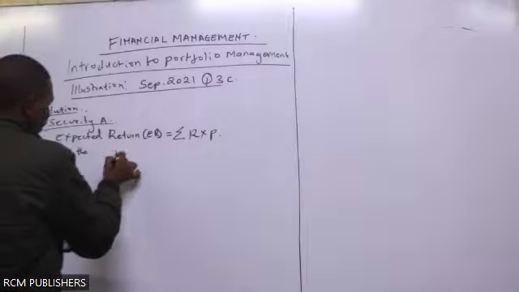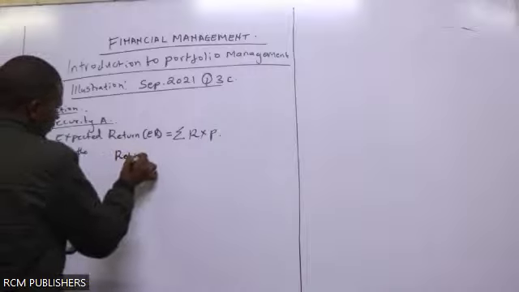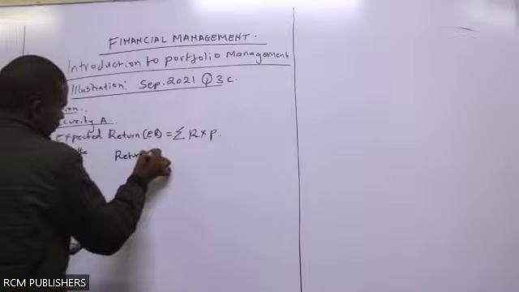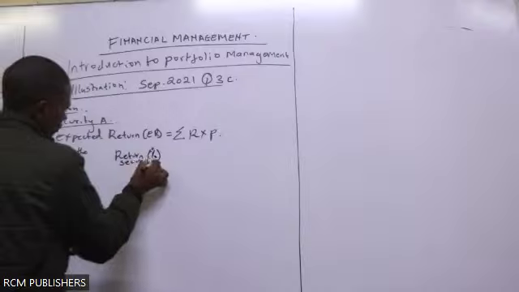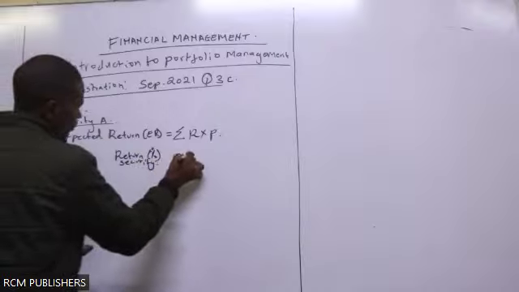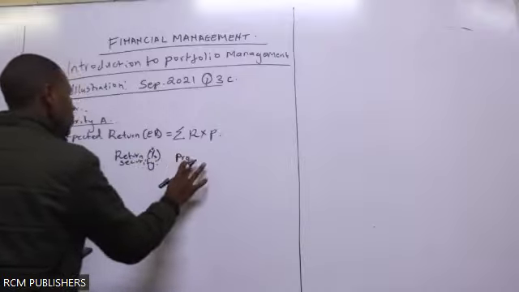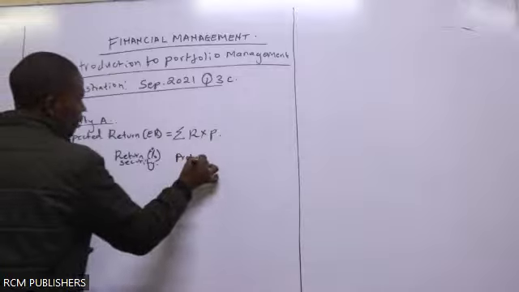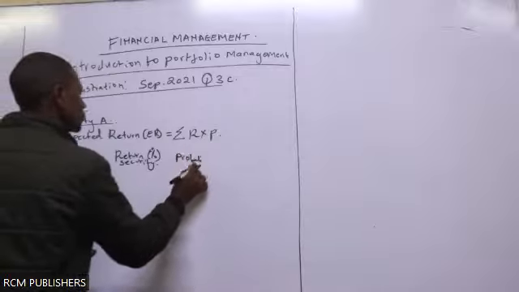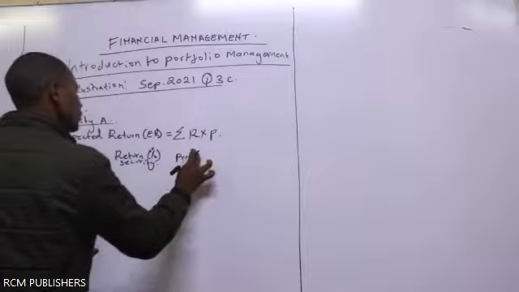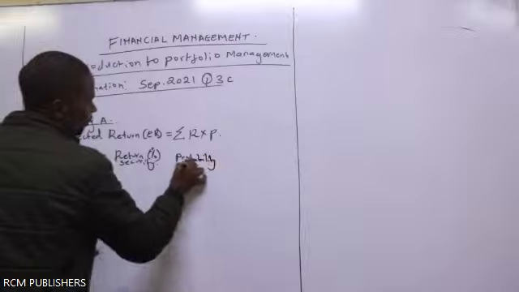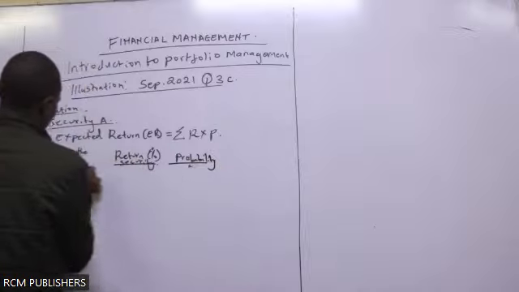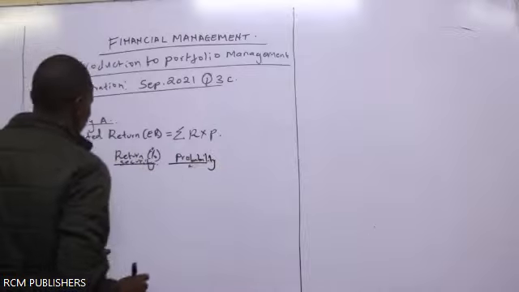I can write it the way it is: return percentage, security. And then probability. Then I can opt maybe to underline that way.